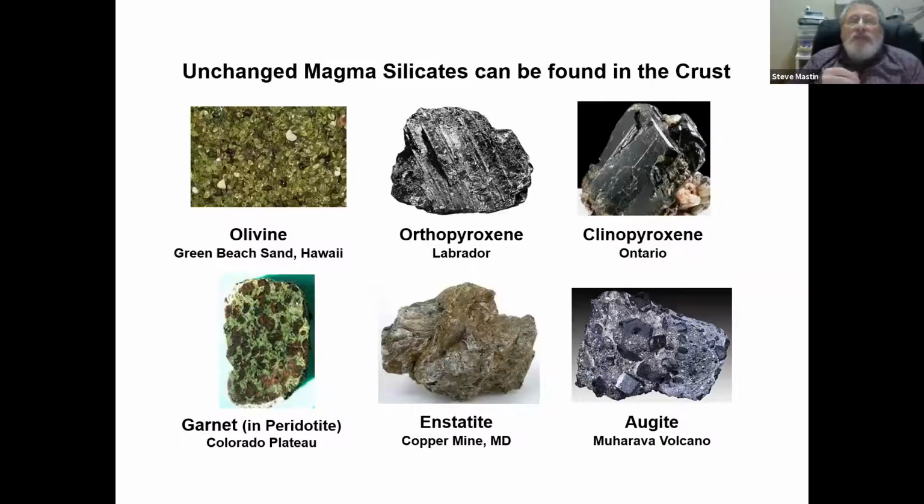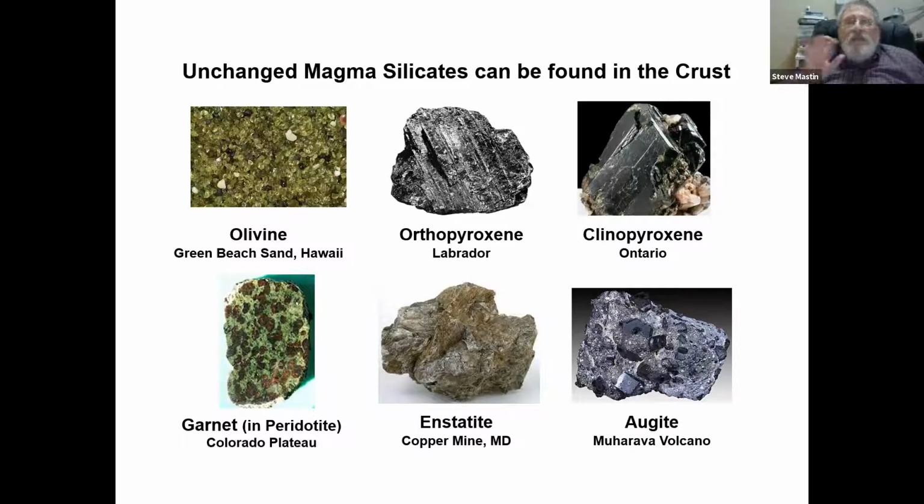Now you can actually find the unchanged silicates of the magma in the crust. And so you've got olivine and garnet and orthopyroxene and clinopyroxene, and those are the places where they can be found.